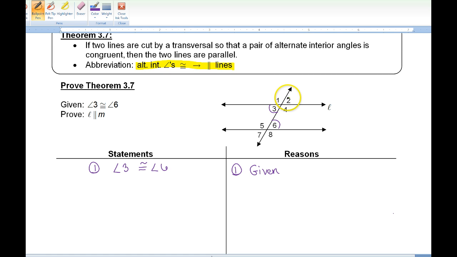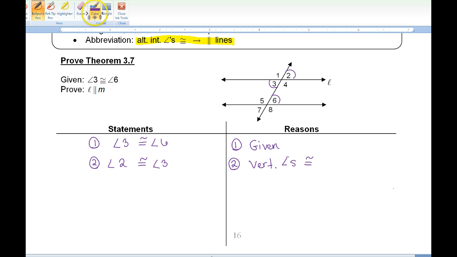I think corresponding is pretty easy because if you look at angle 2 and angle 3, these are vertical angles, so they're both congruent to angle 3. Therefore, angle 2 has to be congruent to angle 6. Reason is the transitive property.